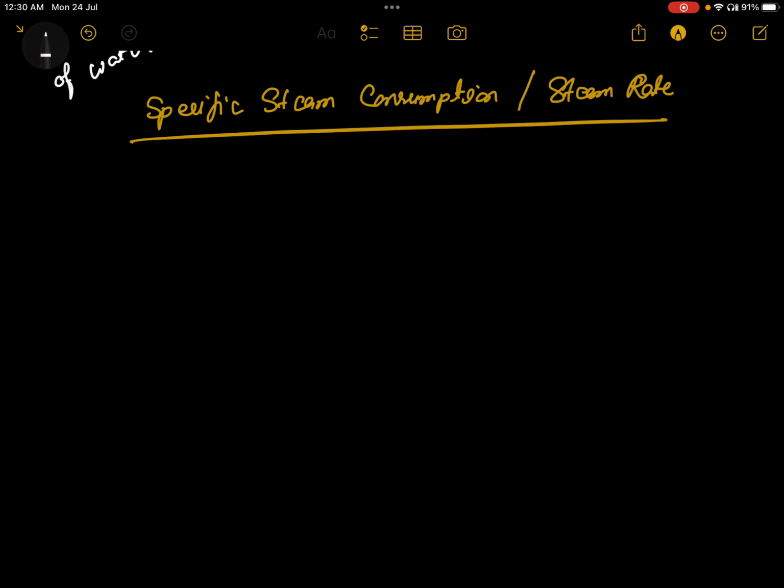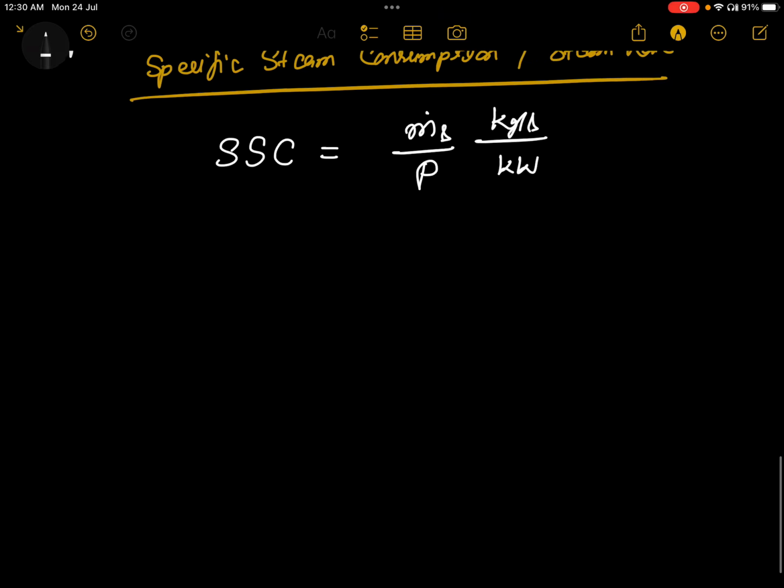In short, specific steam consumption SSC is the mass flow rate of steam required for 1 kilowatt power output. So mass flow rate of steam per kilowatt power output is called specific steam consumption.